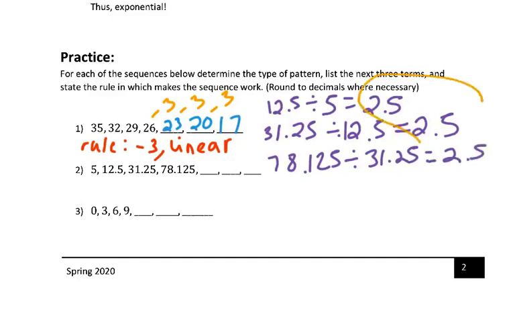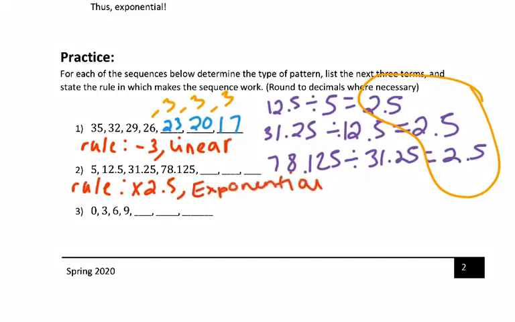So now we have 2.5 as the result, and they all follow the same rule. So now our rule is that we multiply. So we're going to multiply by 2.5 each time. And so if we're multiplying, we know then that it's also exponential. So now let's find the next three terms in our sequence.